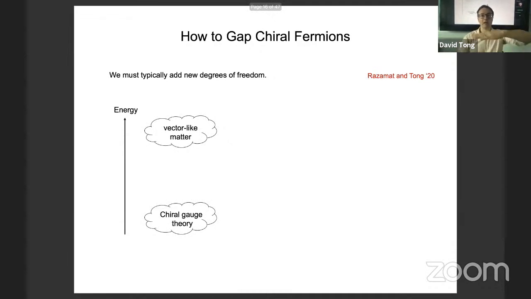So I start with my chiral gauge theory, and at a very high energy scale, I'm going to add some extra matter, and that extra matter may or may not be charged under the symmetry G. But if it is charged under the symmetry G, I better make sure it's vector-like, because I want to be able to give it a mass. Or said more precisely, I don't want to change the anomalies of that symmetry G.